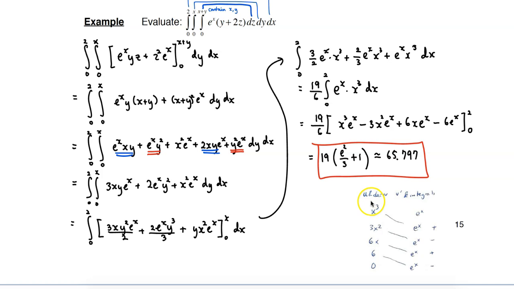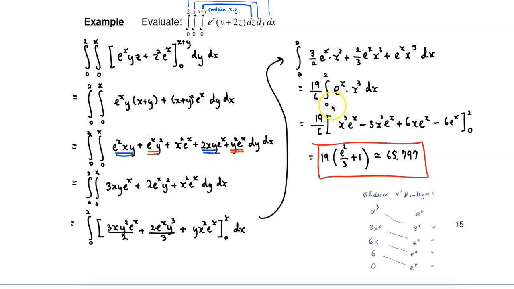One has u and its derivatives, so u is x cubed, and you want this one to vanish to 0 when you differentiate many times. The other one represents v prime and its integrals. You want to pick something that is easy to integrate, and here e to the x is obviously an ideal choice. So x cubed differentiated is 3x squared, then 6x, 6, and 0, and v prime is e to the x, so it remains e to the x the whole time.